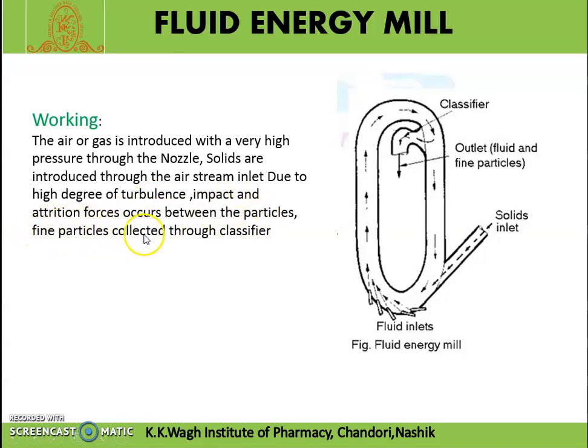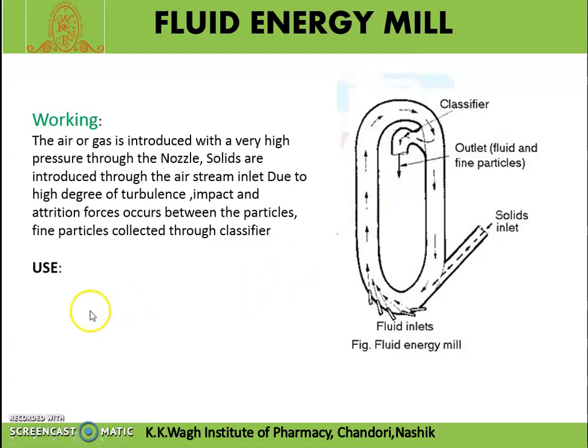Fine particles are collected through the classifier. From here the solids inlet is there, and from here the fluid inlet, and here is a very forceful mechanism. Impact and attrition forces work here, and this is the outlet of the feed. From this classifier we can collect the fine particles.